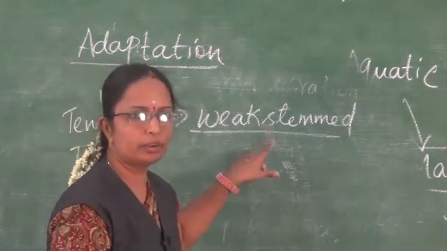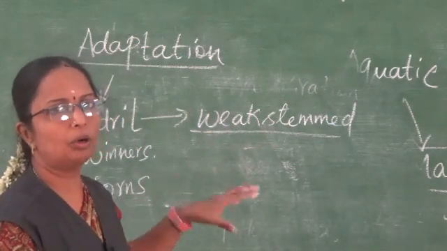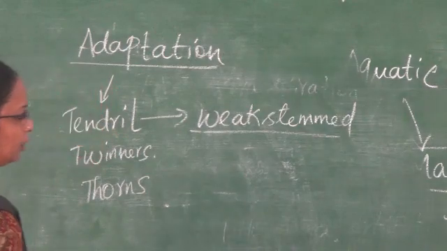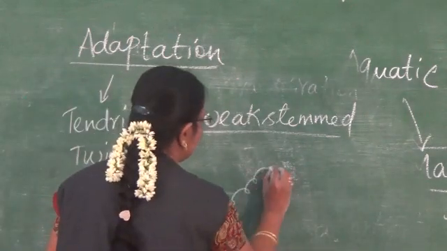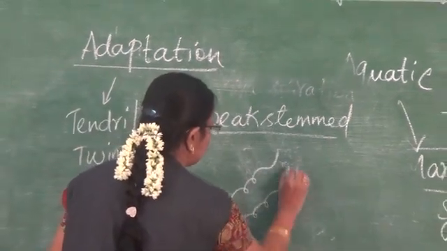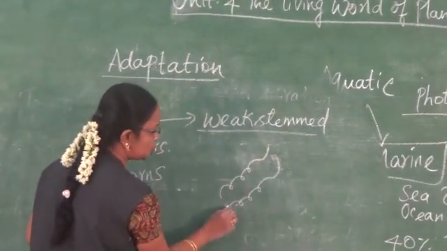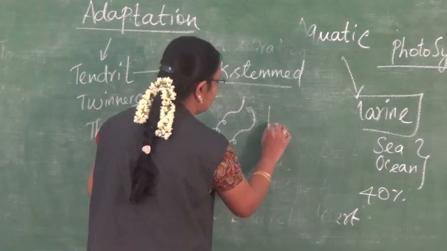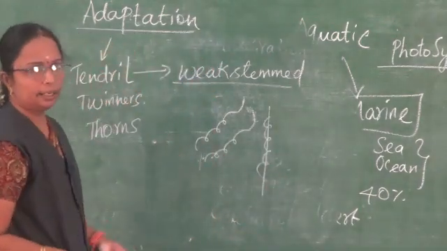They cannot live straight, so they need some support to grow. For that, the leaves become tendril like this. With the help of this portion, they are climbing on other plants, and they live.